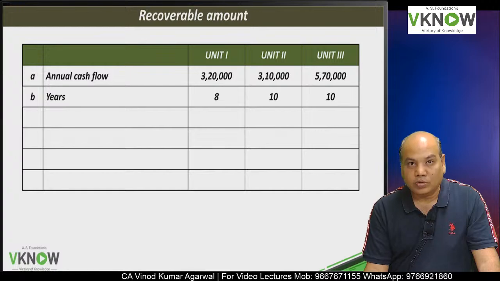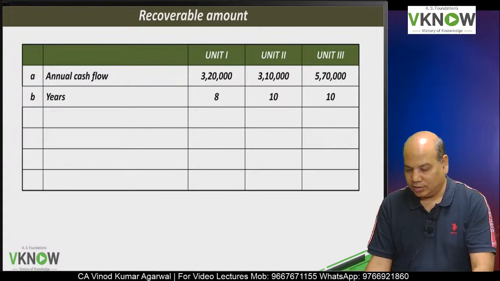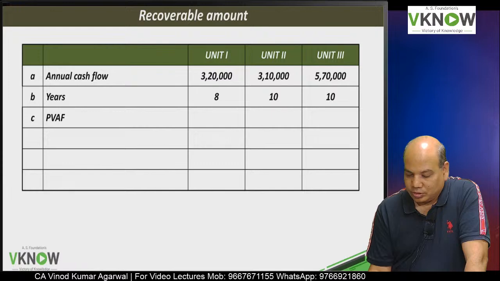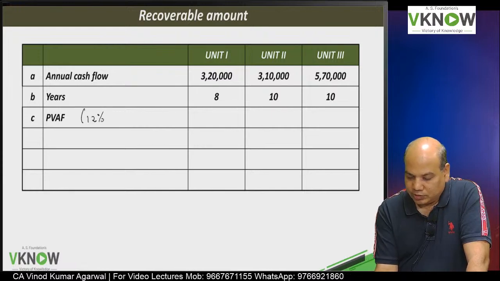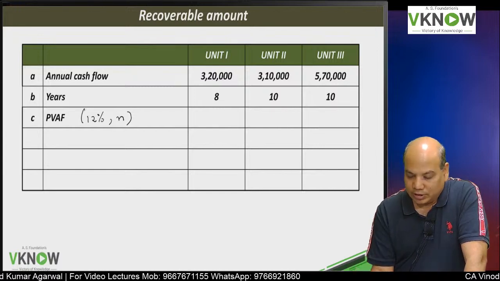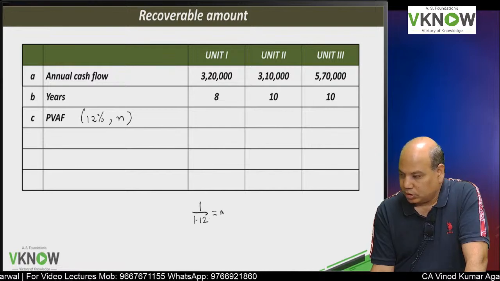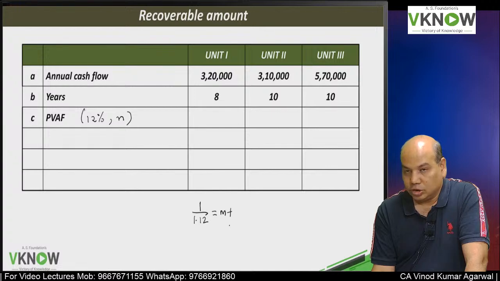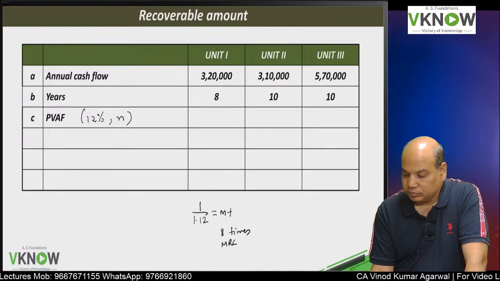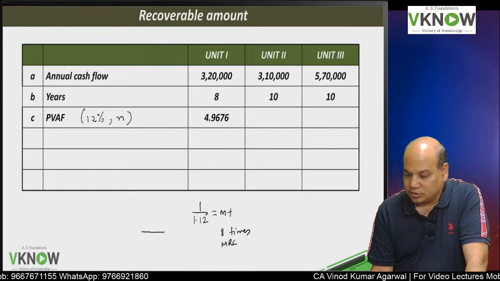Okay. Number of years, write down 8, 10, 10. Now write down the present value annuity factor. 12% is the discount rate, comma n is in the first column 8 years. 1 divided by 1.12 equal to memory plus, 8 times memory recall, you will get 4.9676.